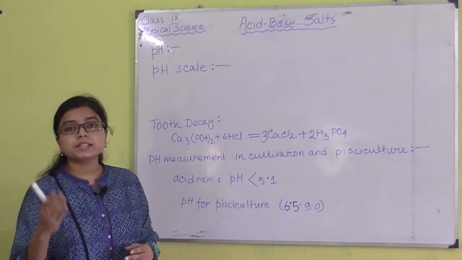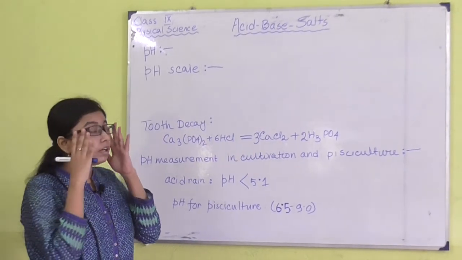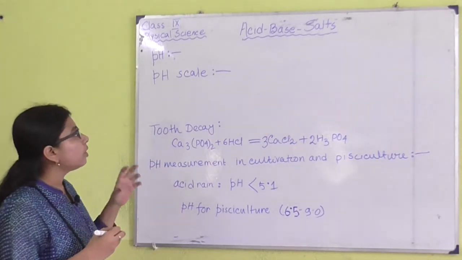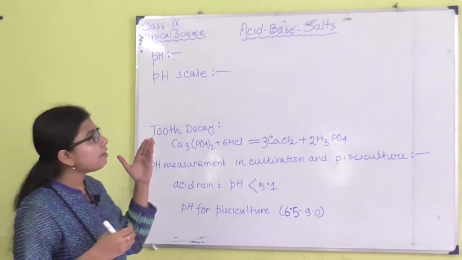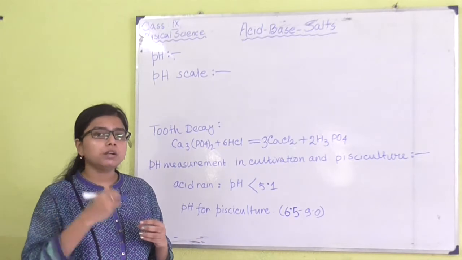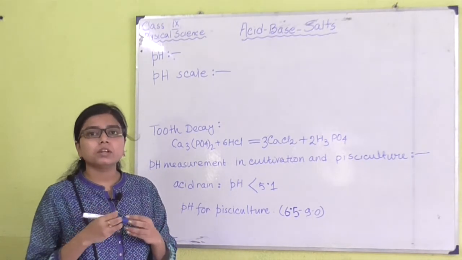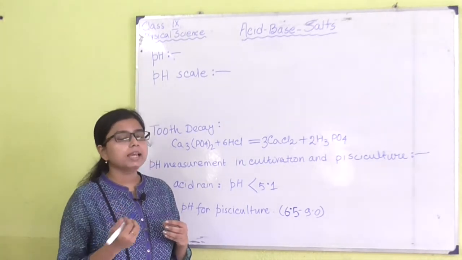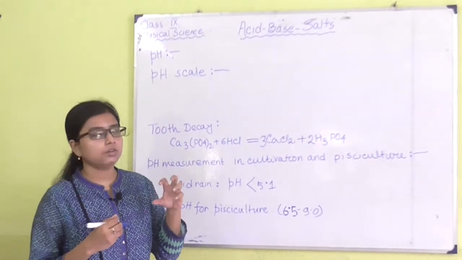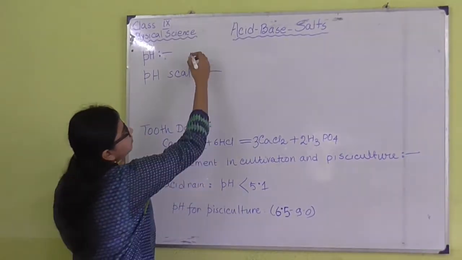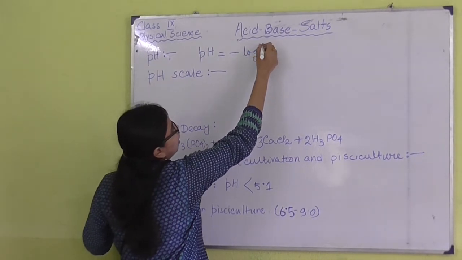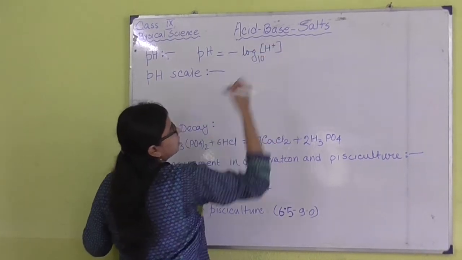Here we have the next portion of this chapter, acid base salt. First we will learn about pH. What is pH? We have learned what is acid and what is base. Now if we want to measure whether a solution is acidic or basic, then we need help from this concept, that is pH. pH is equal to the negative logarithm of H+ concentration.